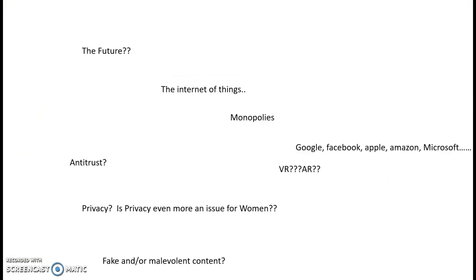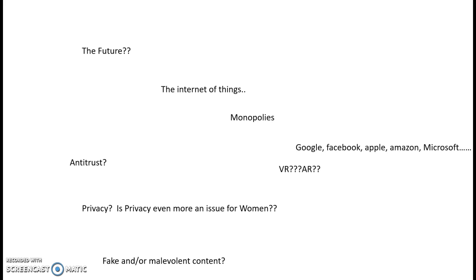Okay. The future. The Internet of Things. All kinds of devices are getting internet in them. These companies are monopolies. That's a problem. Will there be antitrust? Will there be virtual reality coming along? Privacy is an issue for internet and mobile. Is privacy even more of an issue for women, where you see bullies come crawling out to pick on people?